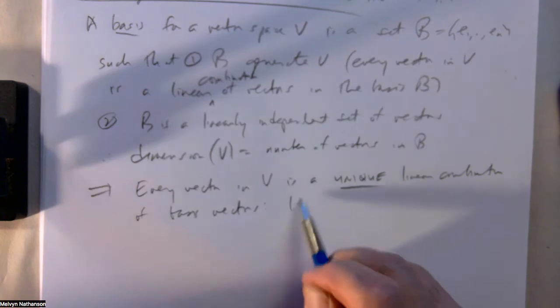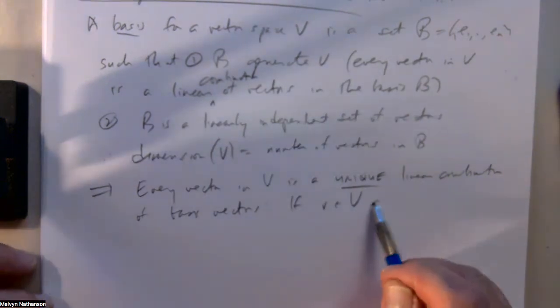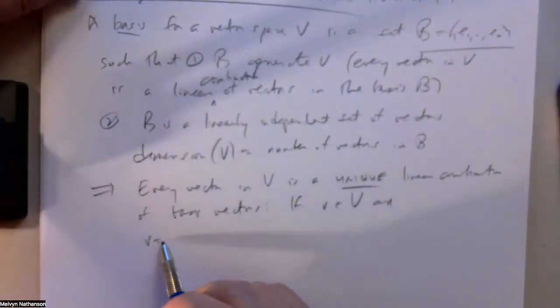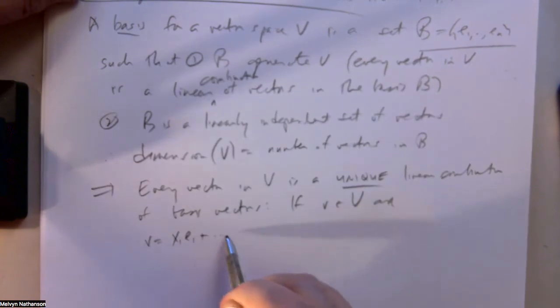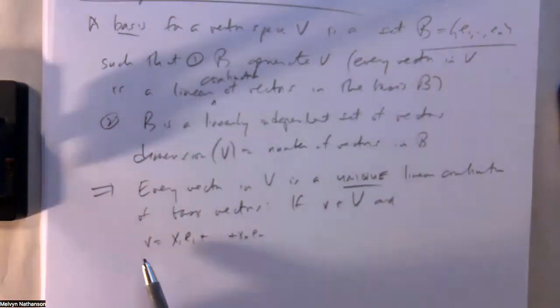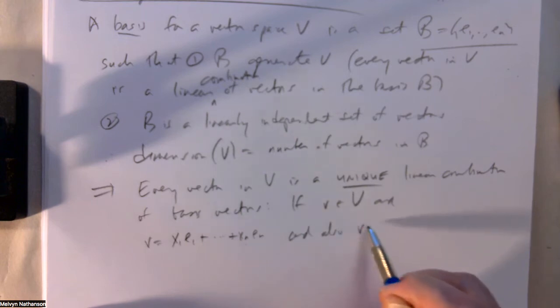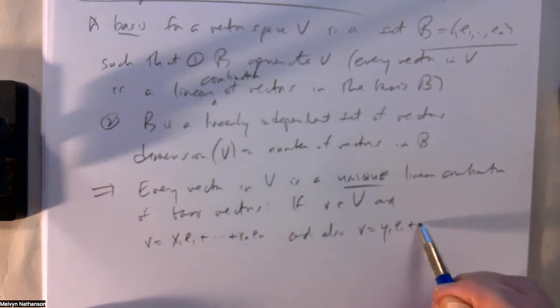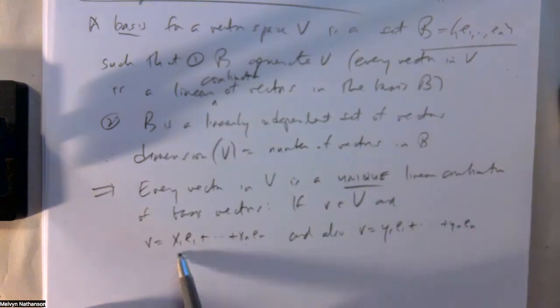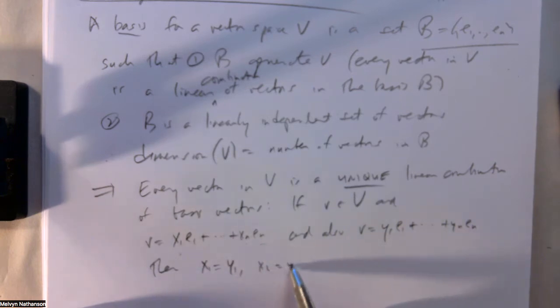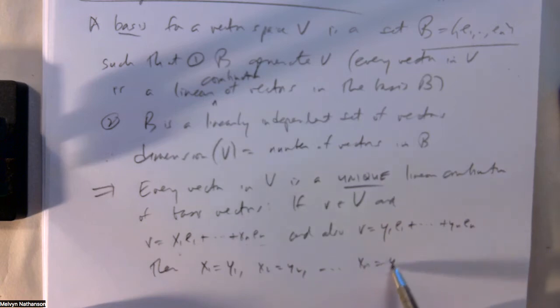So what that means is that if v is a vector in the vector space V, and let's say our basis is e1 up to en, if v is some linear combination x1 e1 up to xn en, and also v is another linear combination y1 e1 up to yn en, so it's the same basis vectors, but the coordinates here are xi, and here the coordinates are yi, then, in fact, they have to be exactly the same. x1 equals y1, x2 equals y2, and so forth, xn equals yn.